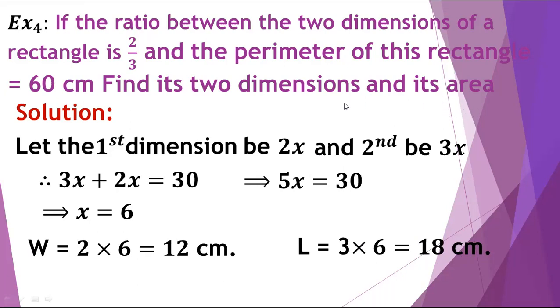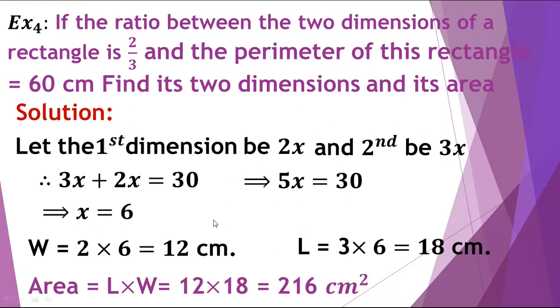We know that the rule of the area of the rectangle is length times width. And the length equals 18 and the width equals 12 centimeter. So the product of 12 and 18 equals 216 centimeter square, and this is the area of the rectangle.